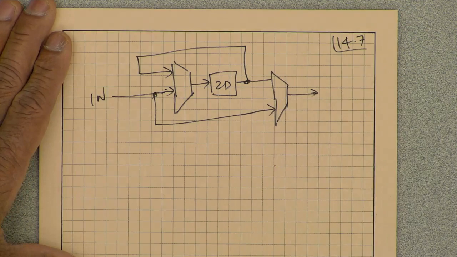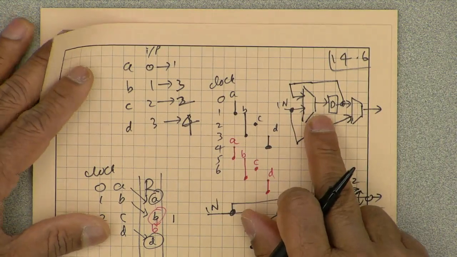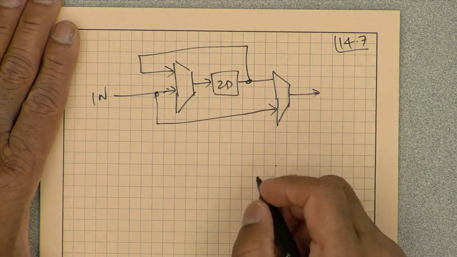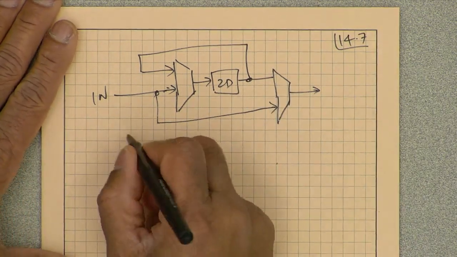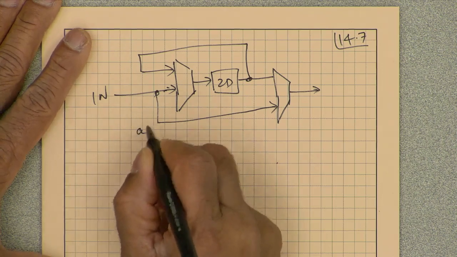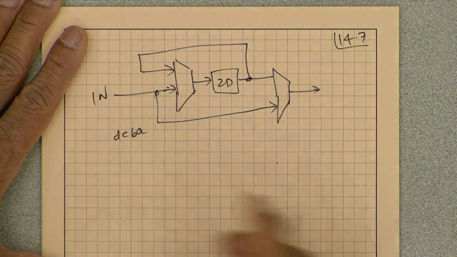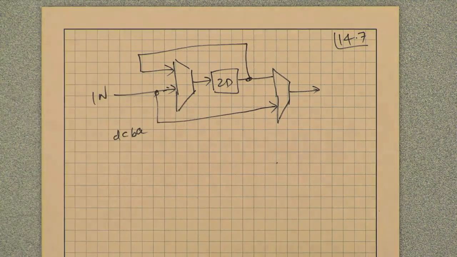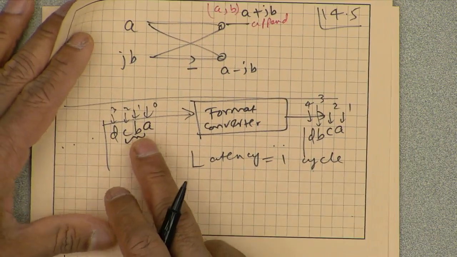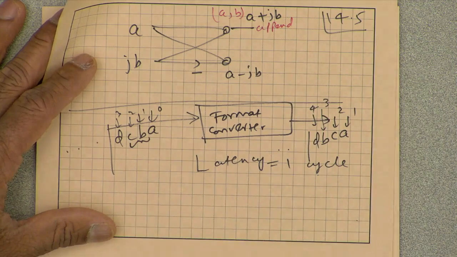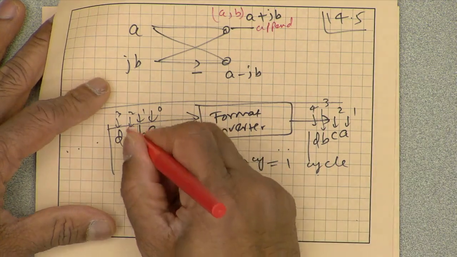So what do you think is going on here? Well, all I have done is change that one delay to two delays. So if I have something like A, B, C, D, with a periodicity of 4, A, B, C, D, A, B, C, D, all it tries to do is switch these two.